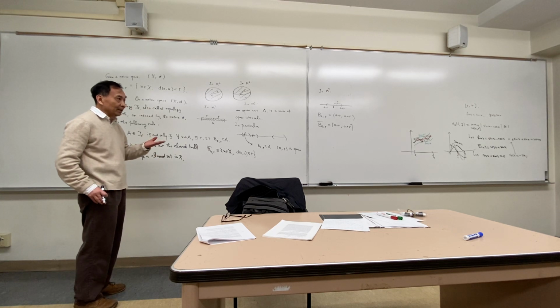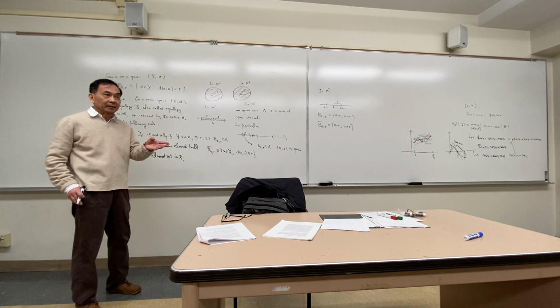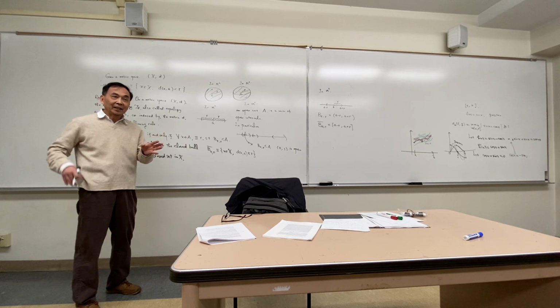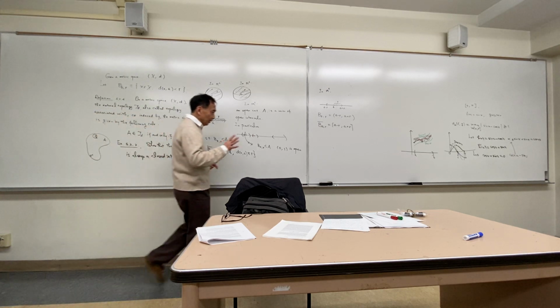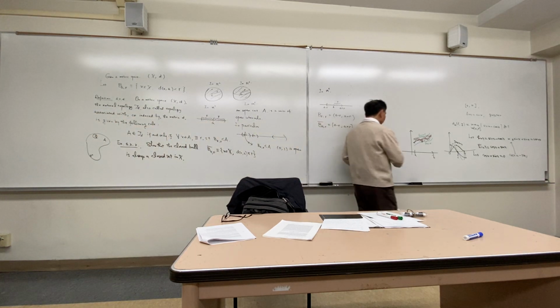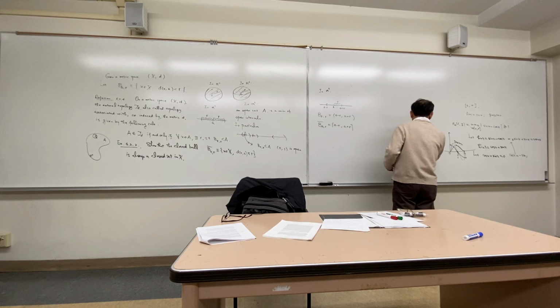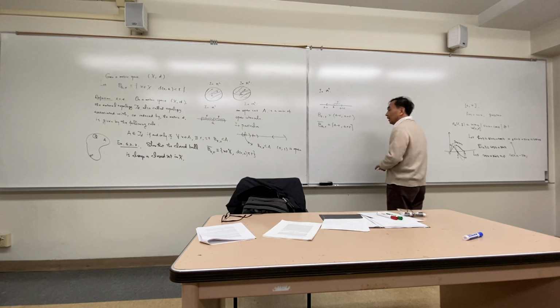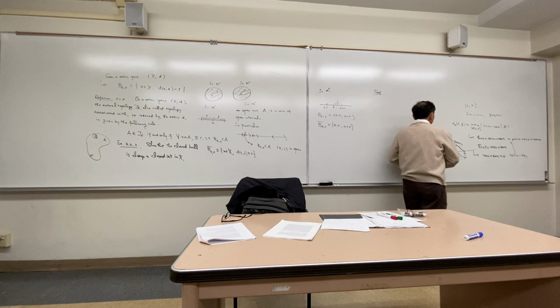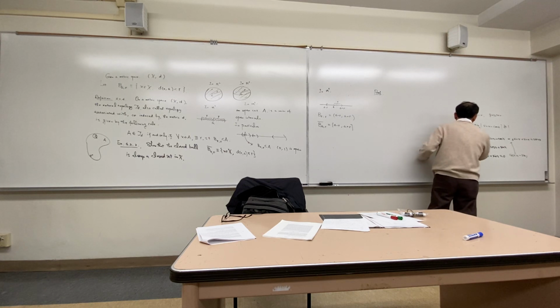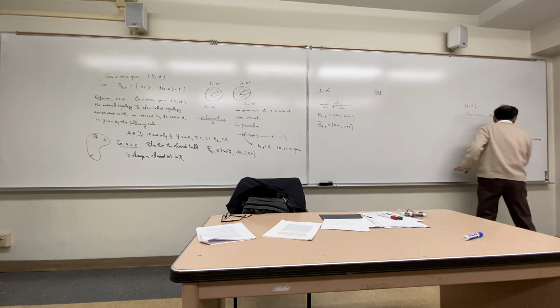What does it mean for a set to be closed? You take any sequence in the set. If it converges, then the limit point must belong to it. We need to use this definition to prove it. So here is the proof. First, let's recall the definition of a closed set.